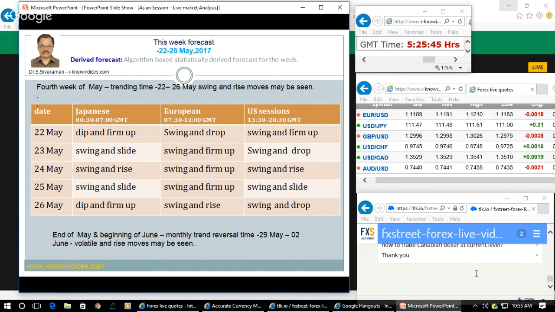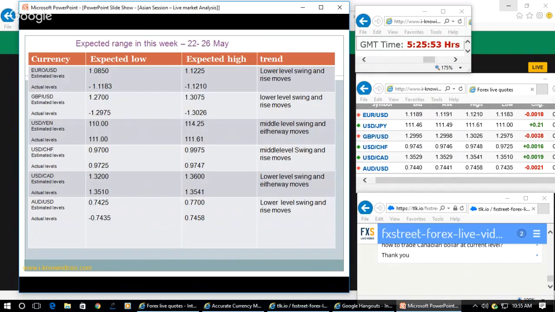Okay, any other question, please? The levels in which the currencies are expected to swing are shown here in this week. Upside is much limited in the case of Euro and GBP, and downside potency is moderately higher.